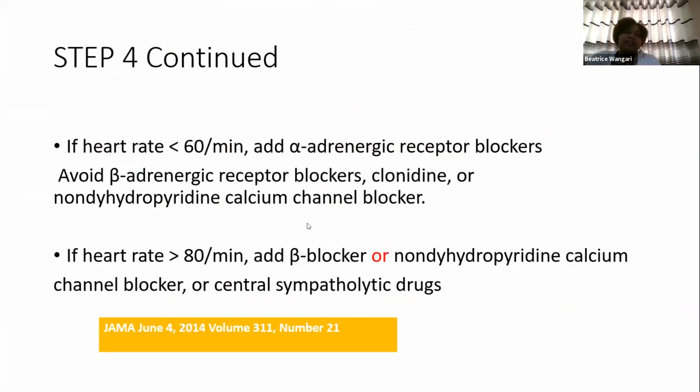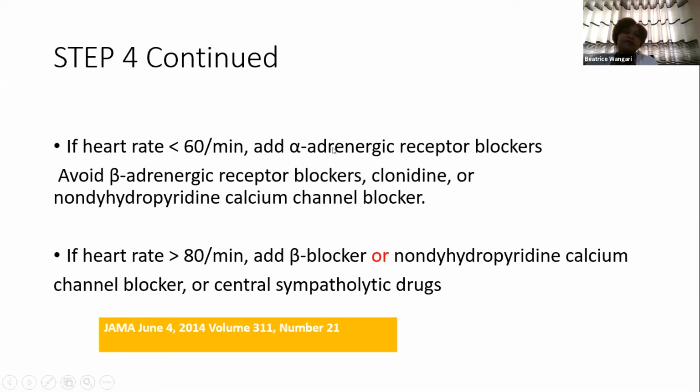Now, the other caveat to the addition of beta blockers is heart rate. You have to be really careful about a patient who is bradycardic, because you want to avoid the beta blockers, the clonidine, and the non-dihydropyridine calcium channel blockers.